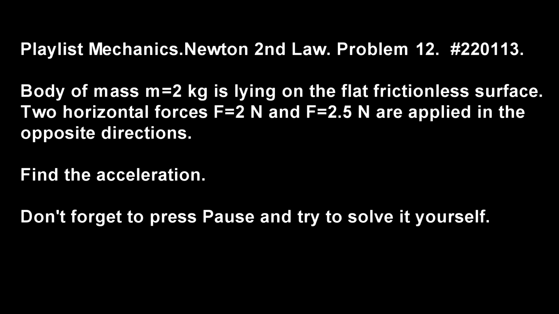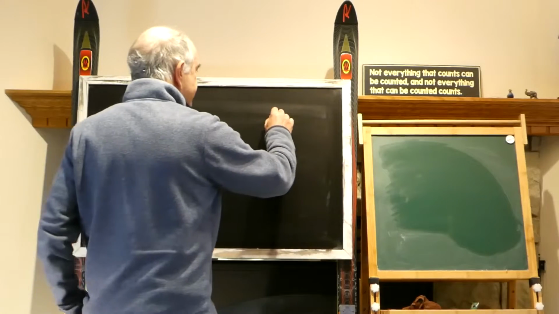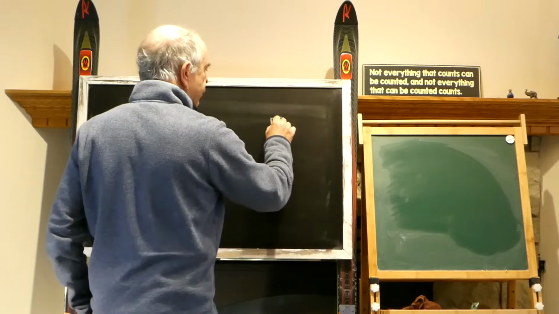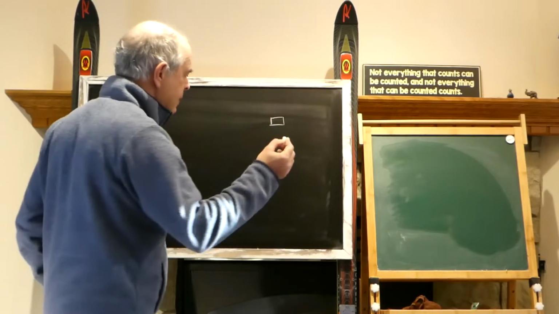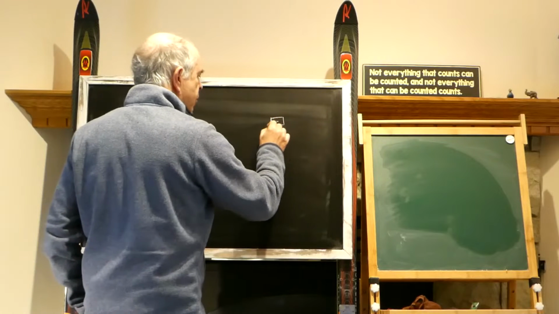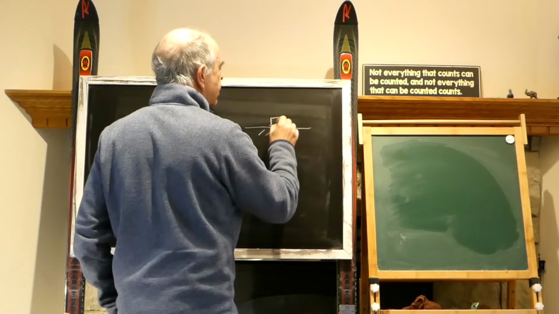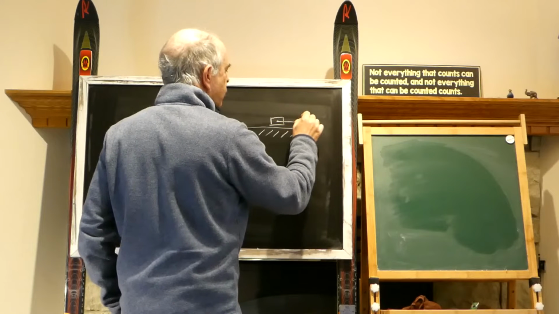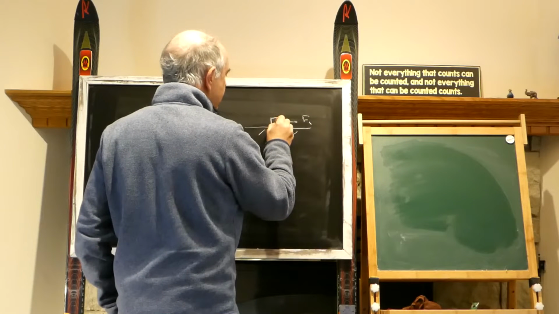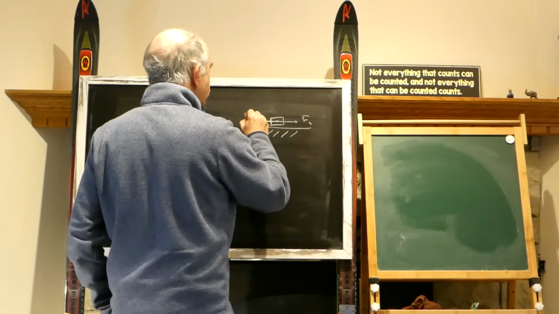So here is a problem. As always, read it, maybe once, maybe twice, and then pause the video and try to solve it yourself. Today's problem is very similar but a little bit different, of course, from the previous ones. So we have the same body on the same surface, the surface has no friction, and we apply this force F1 to the right and we apply force F2 to the left.